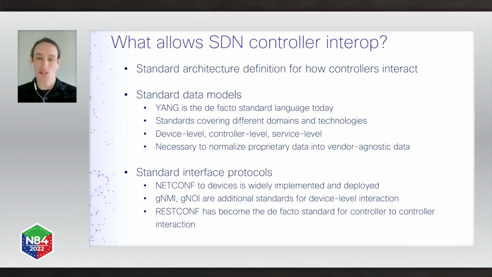And it's really necessary to normalize what's often proprietary network data into vendor agnostic data, so that we can share not only to applications within an SDN controller, but also to other controllers themselves, and also protocols, standard interface protocols on how things interact. And the models drive the APIs. Really, the standard models drive standard APIs. Having standard communication protocols is also key.